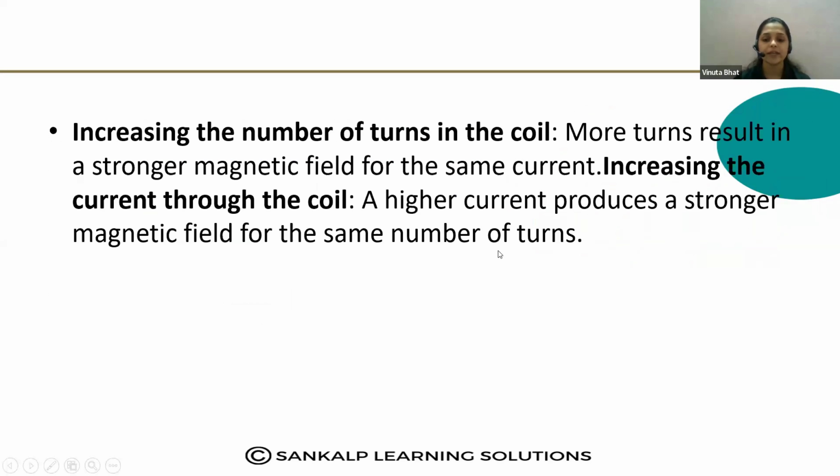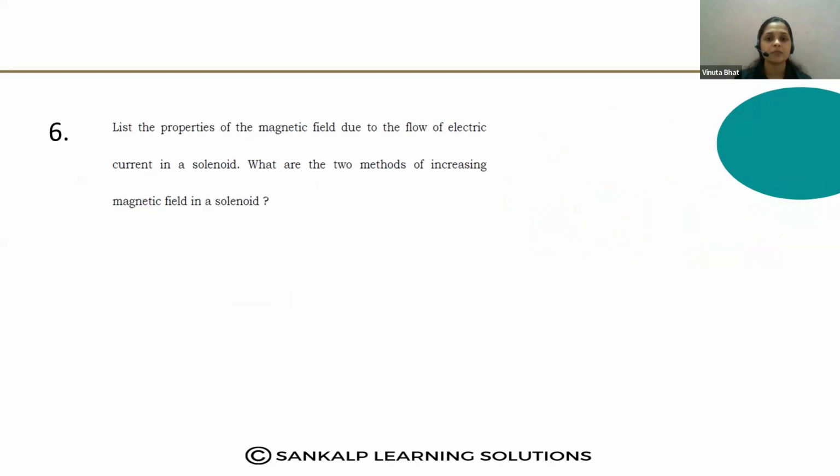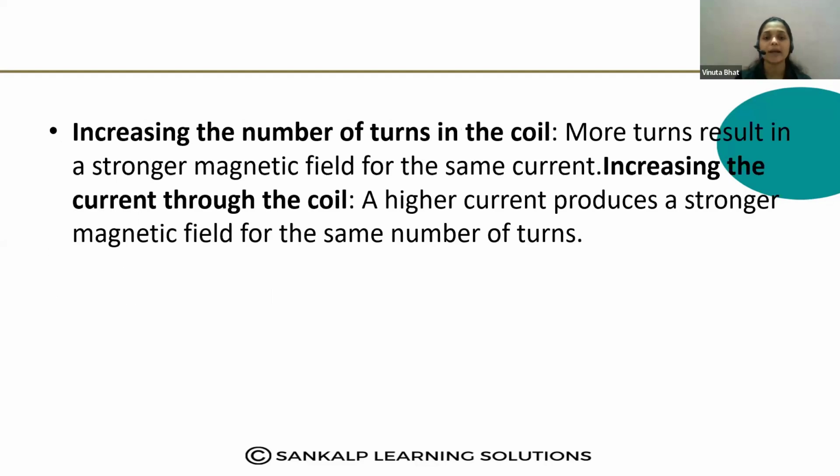Next question. What is the method of increasing the magnetic field in a solenoid? How can we increase the magnetic field in a solenoid? Here, increasing the number of turns in the coil: more turns result in a stronger magnetic field for the same current.